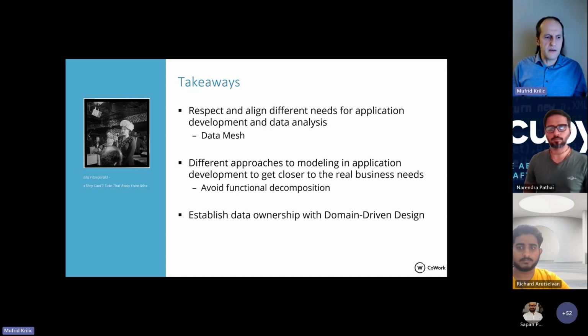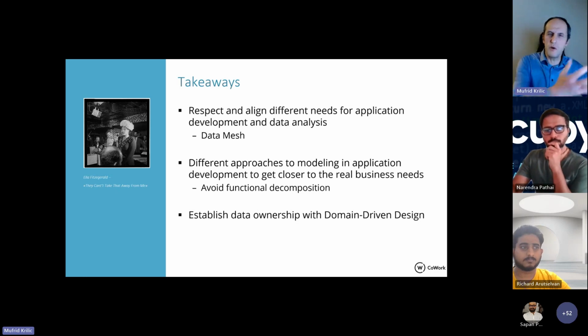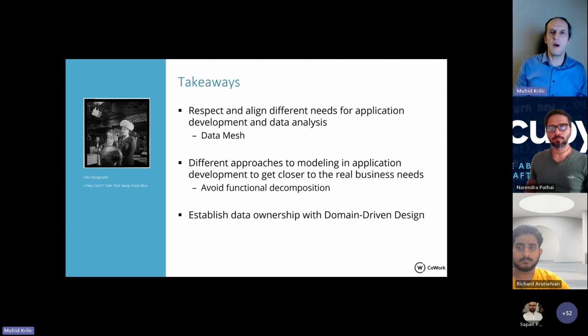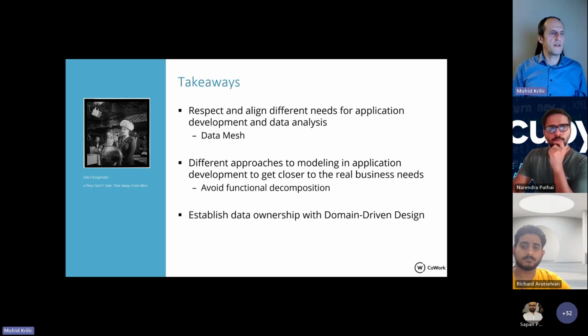We saw that the nuanced language when we talked about psychiatry versus somatic was driven by our drive to discover the real domain language. So this is it. Different perspectives. Data mesh helps approach it. A different approach to modeling, and data ownership as a guiding principle.